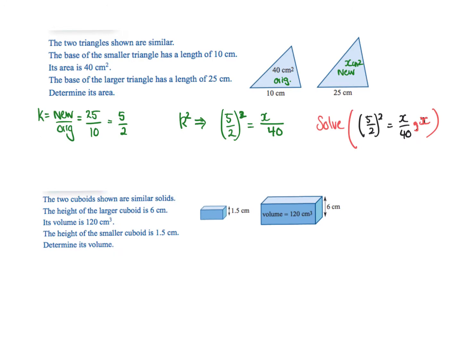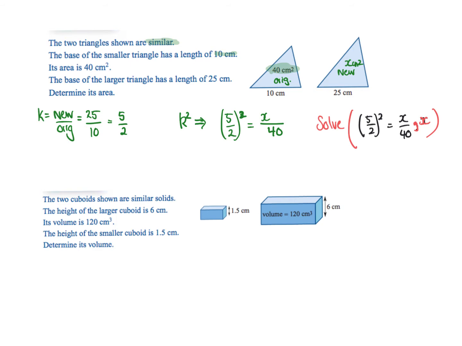We've got these 2 triangles and they're similar, so they'll tell you they're similar. They've given you that the base of the smaller triangle is 10 and it has an area of 40 centimeters squared, and the base of the larger triangle is 25.